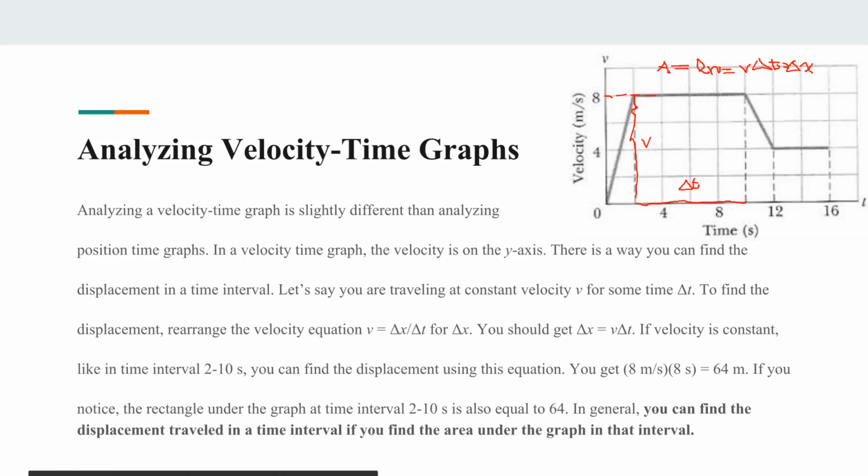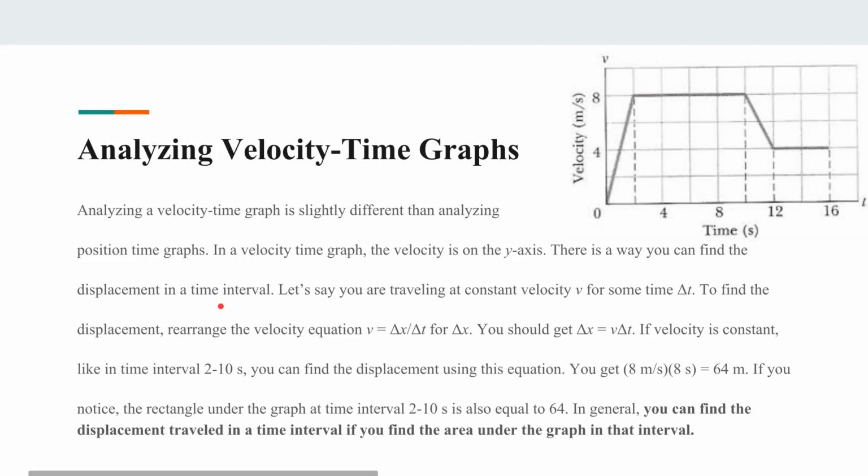So the area under the graph during a specific time interval will equal the displacement in that time interval. So I'm just going to let you grasp that in before I take everything off. All right, just take off.